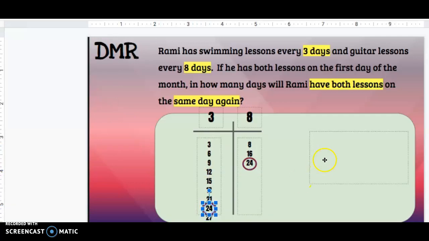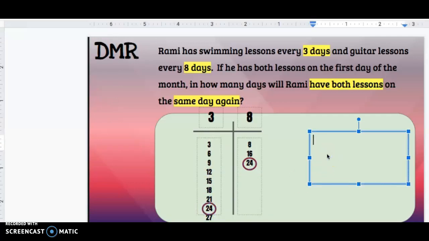And then you're going to type in the box, in how many days will Rami have both lessons on the same day? And you'll say, Rami will have both lessons on the 24th day. Okay, so there you go. There's your DMR.